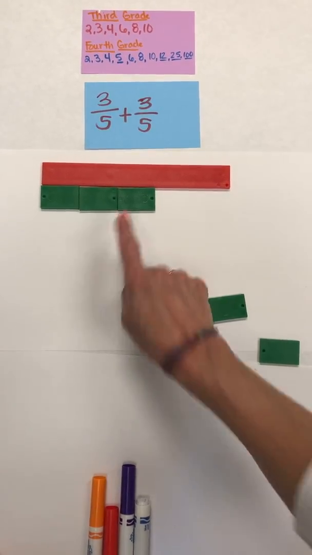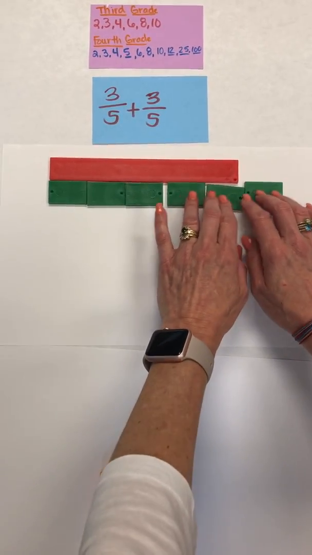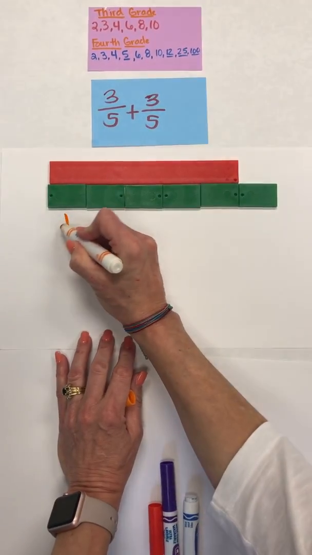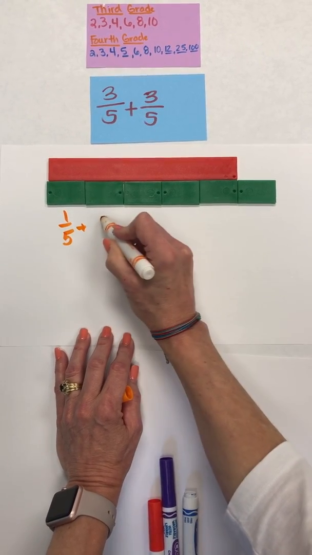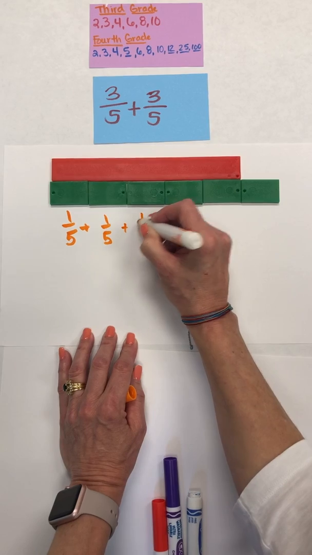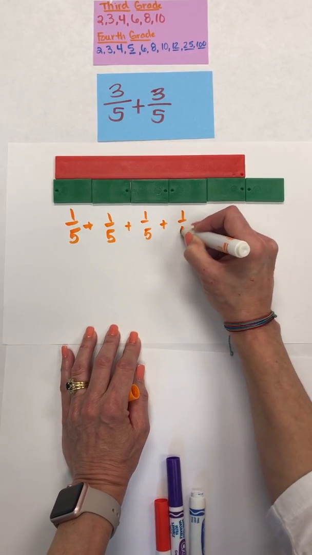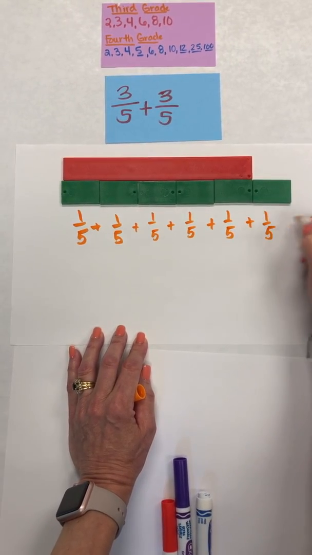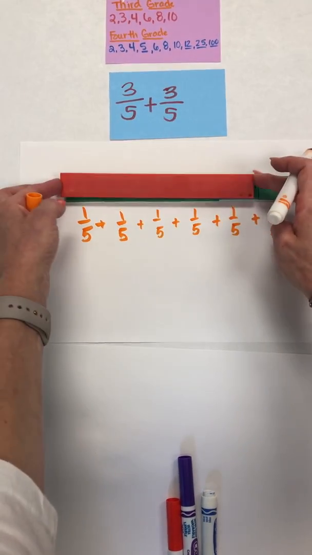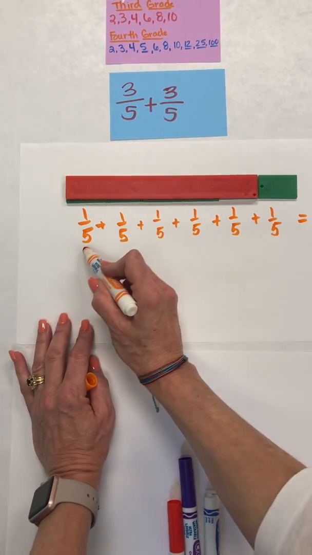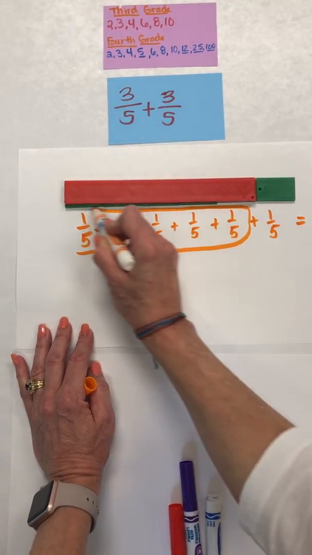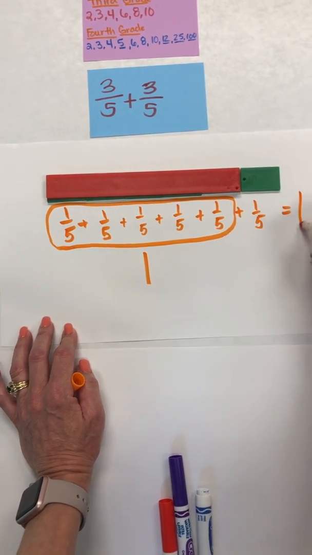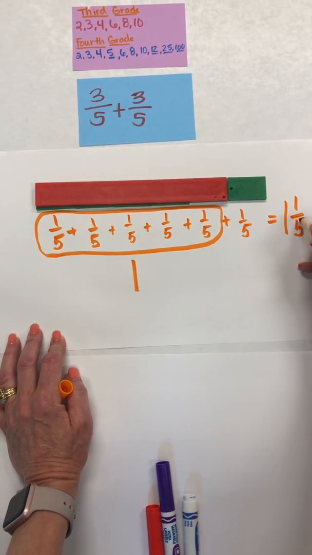So if I have 3/5 and then I add my 3/5 more, if I write that as a problem, I have 1/5 plus 1/5 plus 1/5 plus 1/5 plus 1/5 plus 1/5. Now, I can take my whole and I can see, oh, look, it takes 5 of my fifths to equal 1 whole. And then I have 1/5 left over, so that makes my answer 1 1/5.